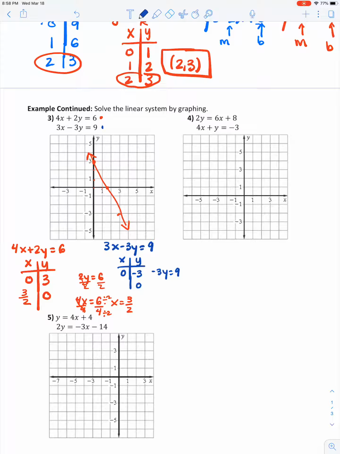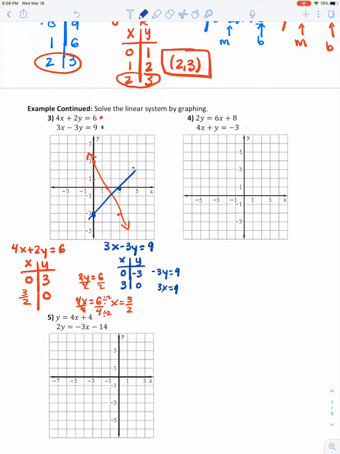Plugging in 0 for y, negative 3 times 0 is 0, so we would have 3x equals 9. Again, dividing both sides by 3, x would be 3. Putting a coordinate point on those, we have 0, negative 3, and 3, 0.